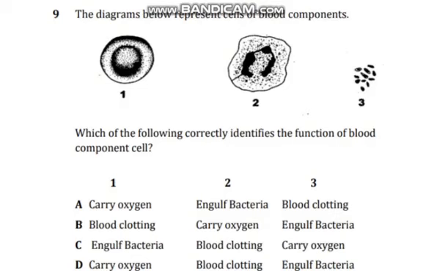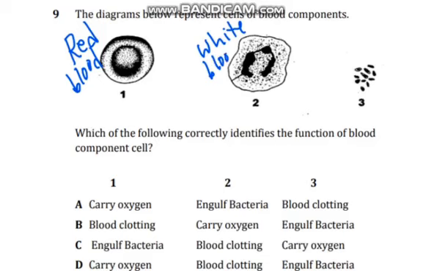Number 1 is the red blood cell. Number 2 is the white blood cells, particularly the phagocytes, because of the lobed nucleus. Number 3 is the platelets.